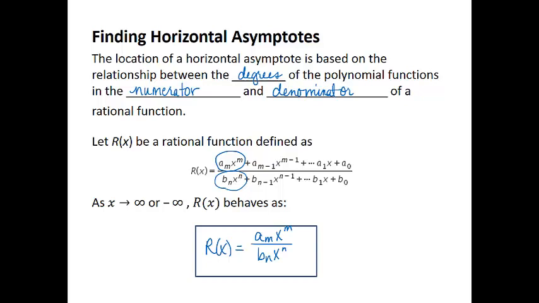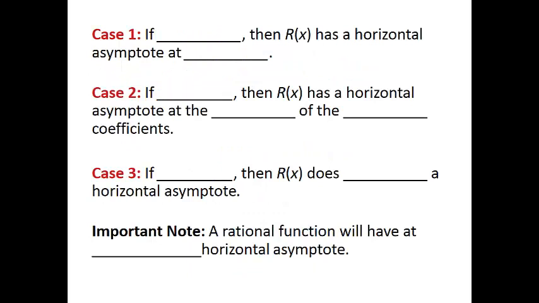And so as x gets really, really large, the behavior of this graph is going to depend on the quotient of the two leading terms, very much like a polynomial function, right? That leading term, the degree and its coefficient, determined the end behavior of a polynomial function's graph. And so there are 3 ways that those degrees in the numerator and denominator can relate.